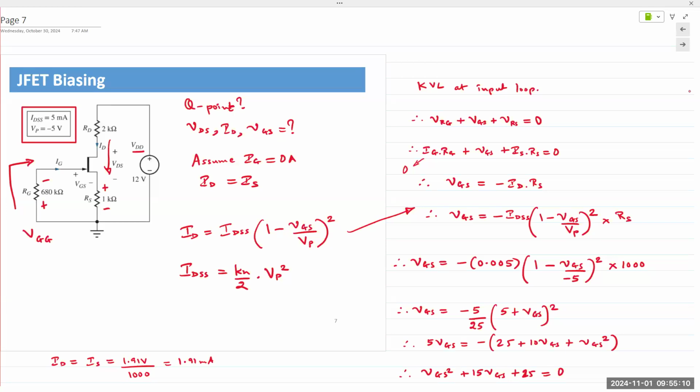Okay, Kn is known as the transconductance factor. Transconductance factor. And so it depends on the manufacturing process. So when you buy a standard JFET off the market, the spec sheet will list the values of IDSS as well as the pinch-off voltage, Vp. Okay.